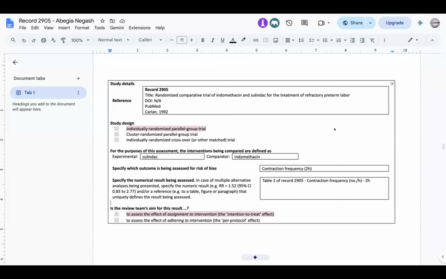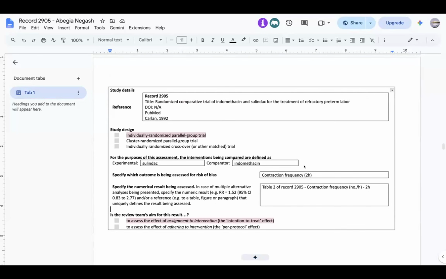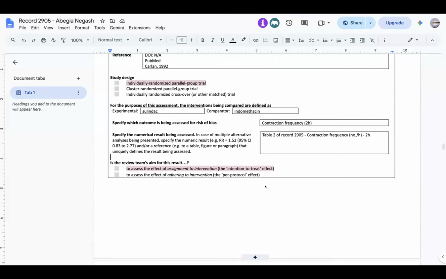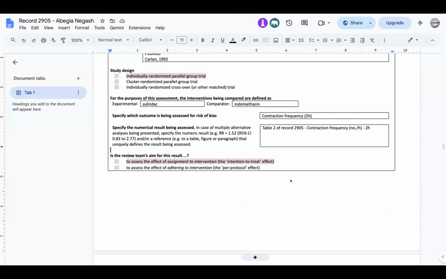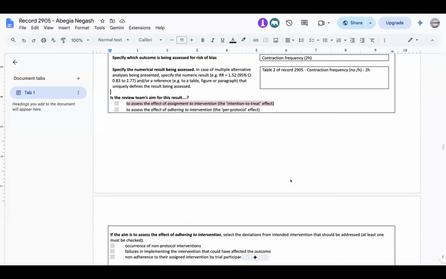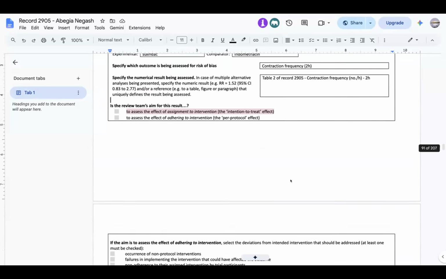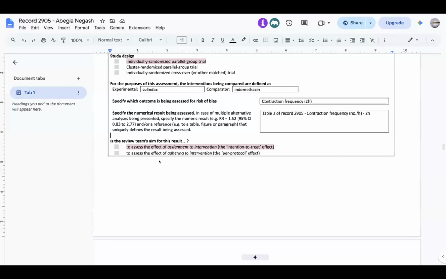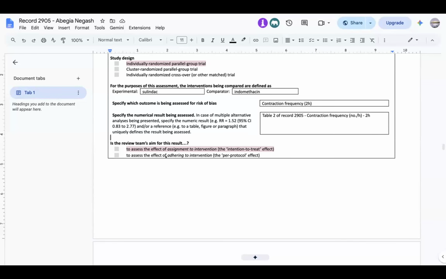Okay, so for the first outcome, we will do contraction frequency at 2 hours, and the exact result would be the one listed under table 2. Does everyone agree with that? Yes. Okay. And then is the review team's aim for this result to assess the intention to treat effect or the per protocol effect?